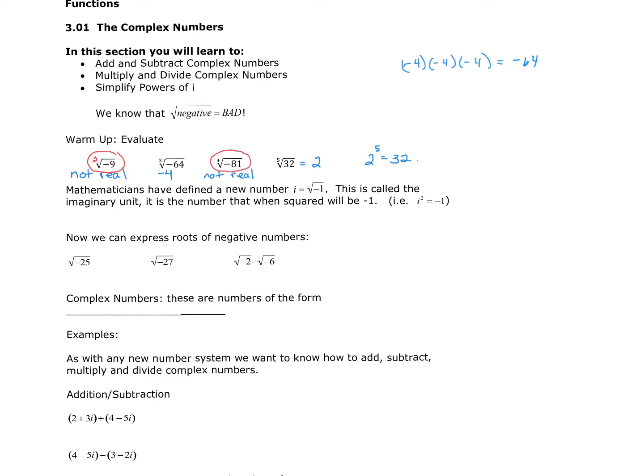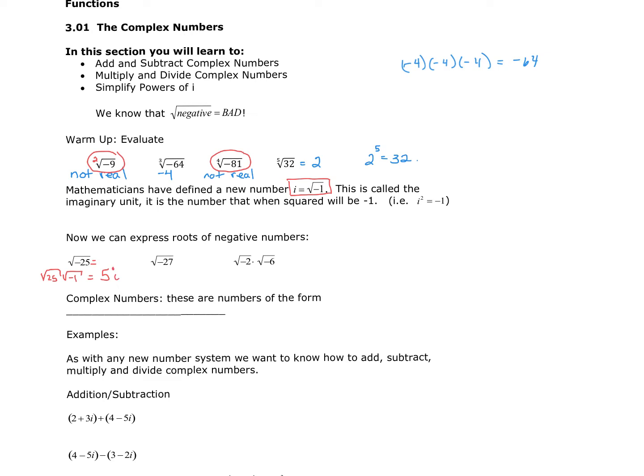But we can, because we're defining a new number called the imaginary unit, i, which is the square root of -1. And this is the number that when squared will be a negative. So when we take a look at the square root of -25, we can think of this as the square root of 25 times the square root of -1 and call this 5i.